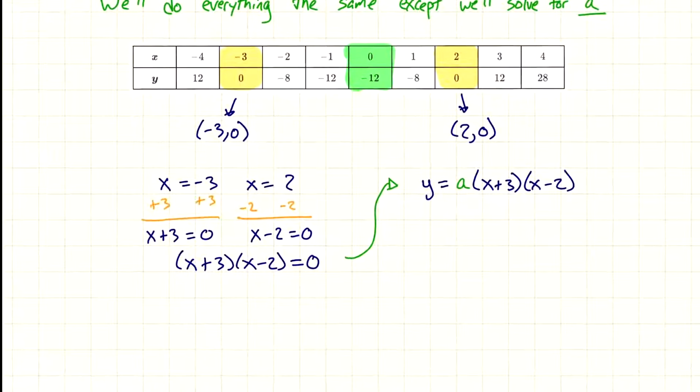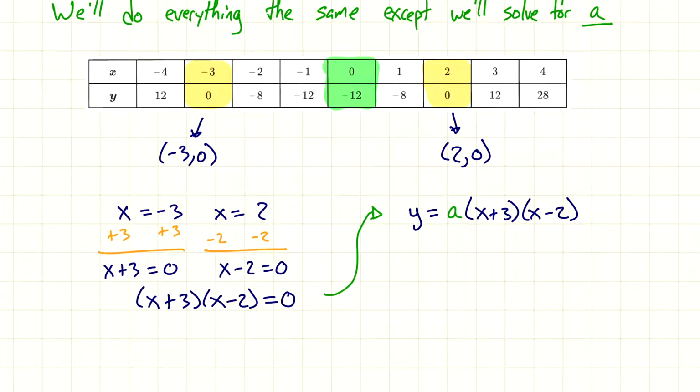So this is the only part that I haven't worked out yet. So this is where it becomes key to use really any of our other points in the table. And so I mentioned before, sometimes it's easier just to use the y-intercept. So that's what I'm going to use at this point. So our y-intercept is going to be 0, negative 12. All right, so I'm going to plug in negative 12 equals 2.